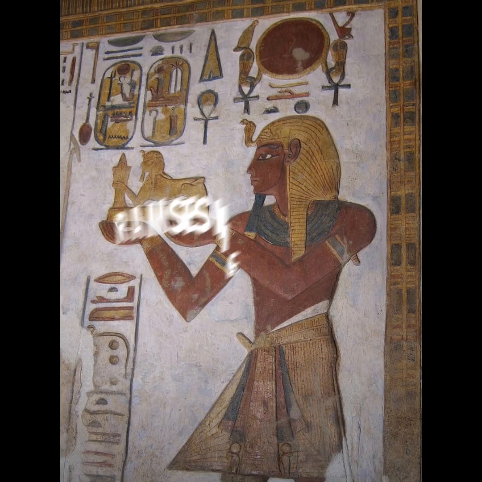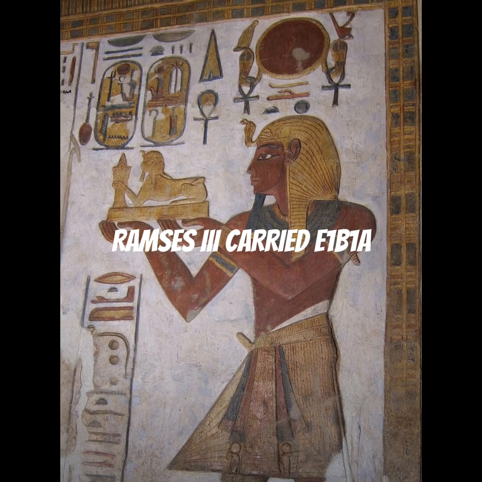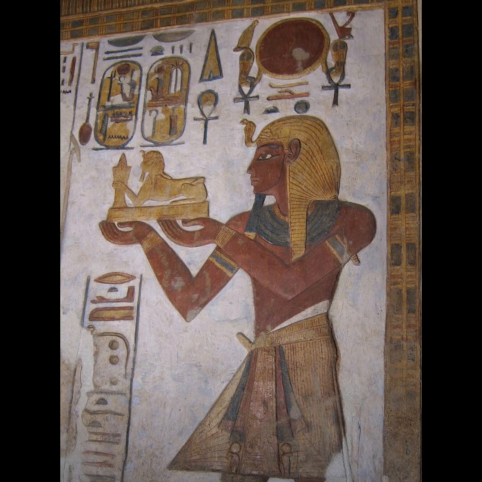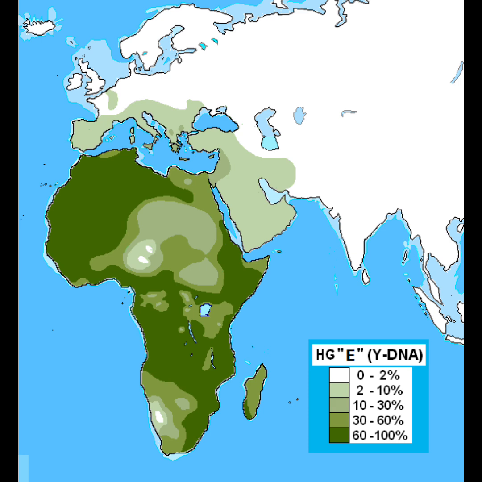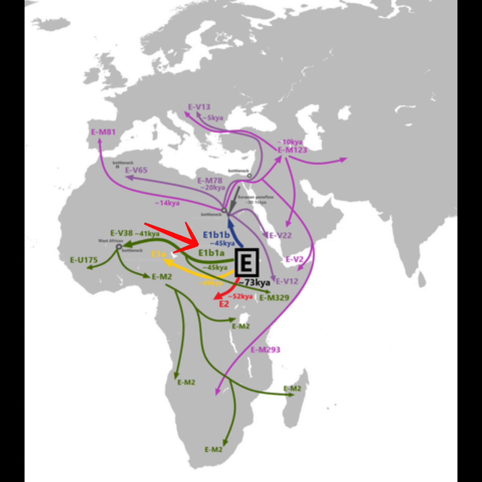A 2013 study published in the American Journal of Physical Anthropology analyzed Y-DNA from 20 dynastic Egyptian samples, circa 1550 to 1069 BCE. The results showed that 12 out of the 20 samples belonged to haplogroup E, with 6 samples belonging to the E1B1A subclade.